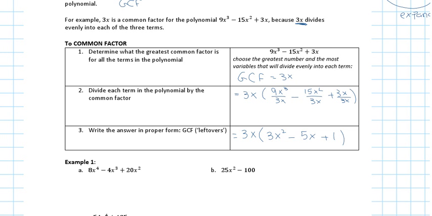Should we add the 1? Yes, the 1 should be there, because if I want to go backward and expand, I need to be able to multiply each term and come back to my original. If the 1 is not there, then I'll be missing a whole term.